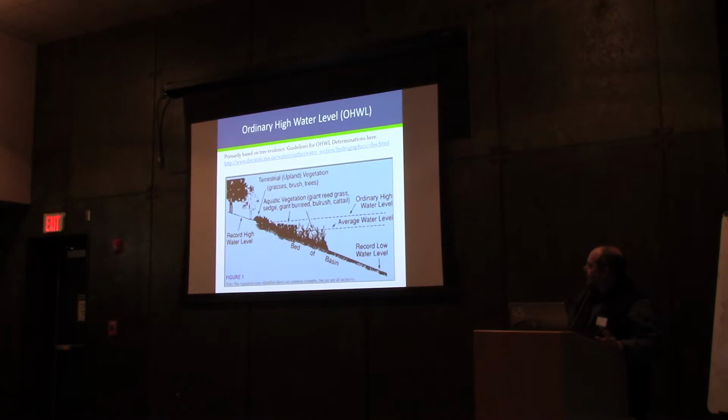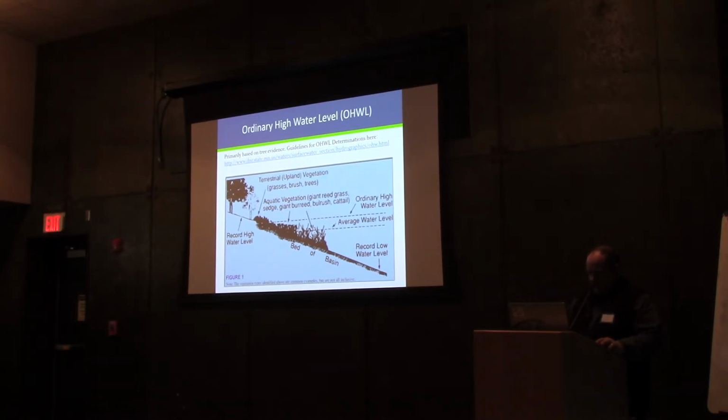Hopefully a lot of you have seen a schematic like this, where here's your ordinary high water level. The colors make it hard, but this is pointing to terrestrial vegetation right here, and this is aquatic vegetation. So it's that sweet spot right in between. It's not an average water level.